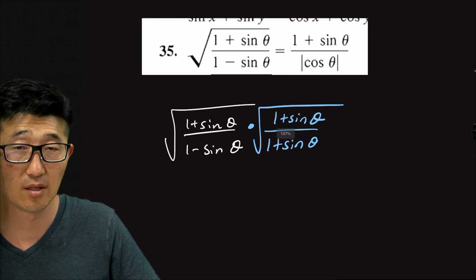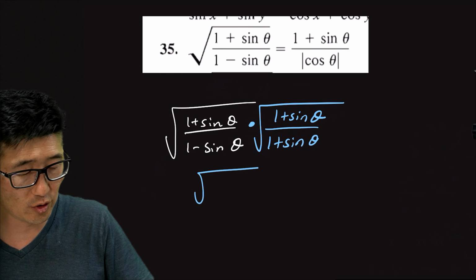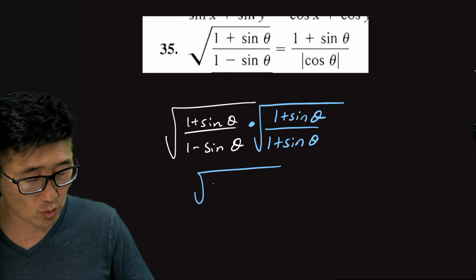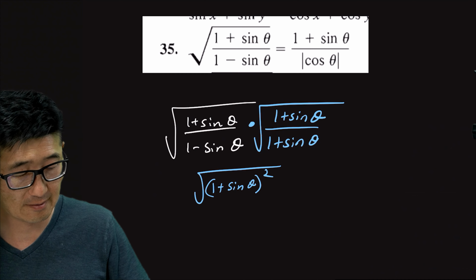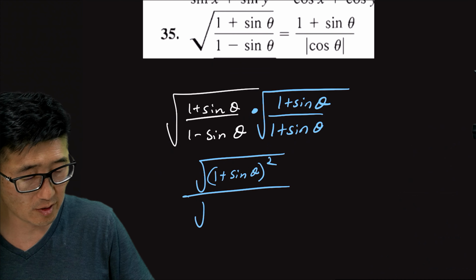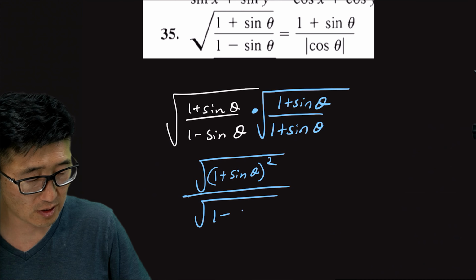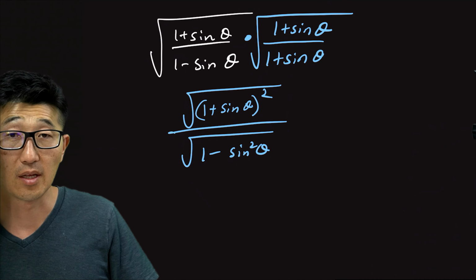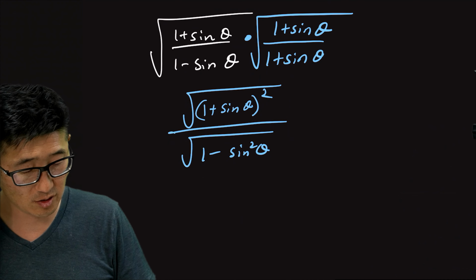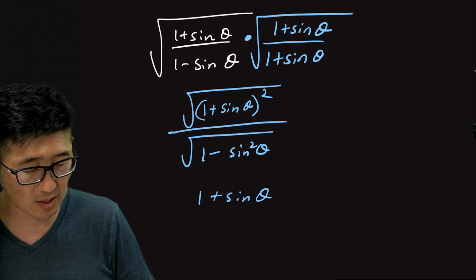Okay. And what's going to happen is that the numerator will get 1 plus sine theta squared, right? Yeah. Over, and the denominator will become 1 minus sine squared what? Theta. Now the square root of a square is just itself, so that's 1 plus sine theta.